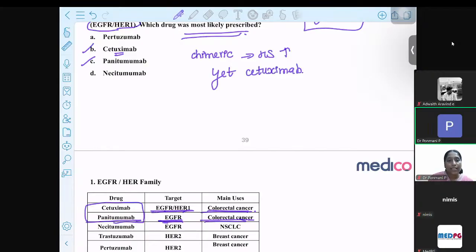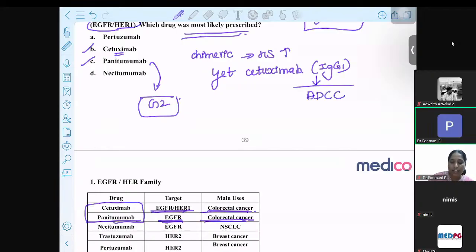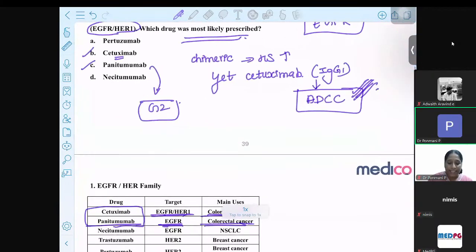Because cetuximab is based on IgG1 and panitumumab is based on IgG2. Since this is IgG1, it has more antibody-dependent cytotoxic killing. The ADCC is more for cetuximab. That is why cetuximab, although it is chimeric, is used for colorectal carcinoma, and the second choice will be panitumumab.